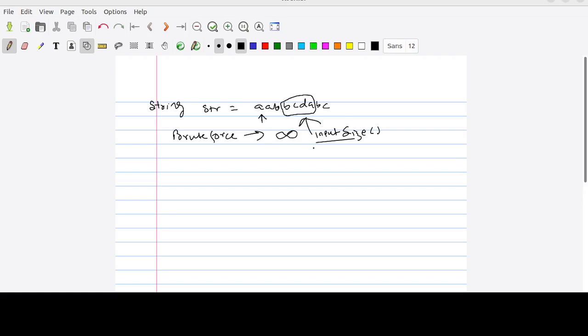So this is the problem with brute force approach. We have to iterate till the input size if we are trying to find the solution using brute force approach, right?